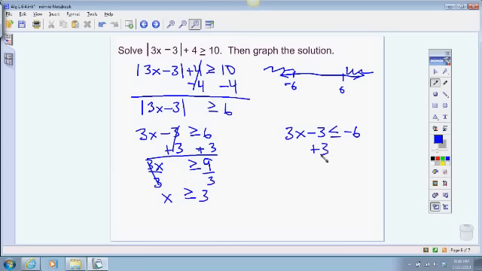Looking at this inequality, we add 3 to both sides. We're left with 3x is less than or equal to negative 3. Divide both sides by 3, and we're left with x less than or equal to negative 1. Did you multiply or divide by a negative number? Nope, we divided by a positive number, so it stays less than or equal.